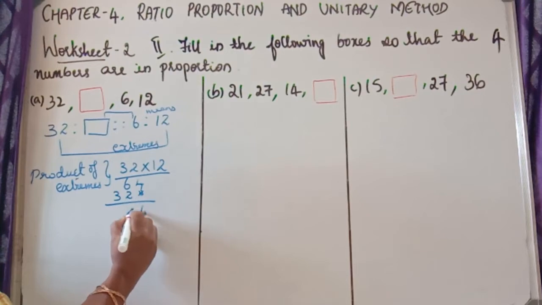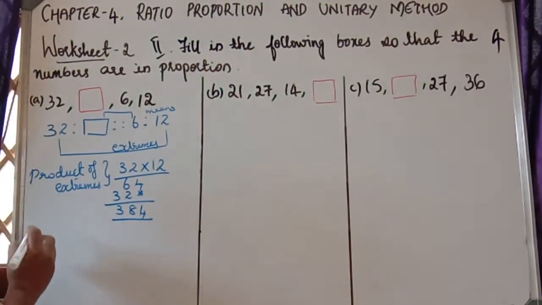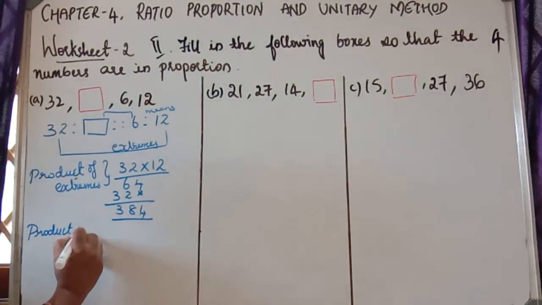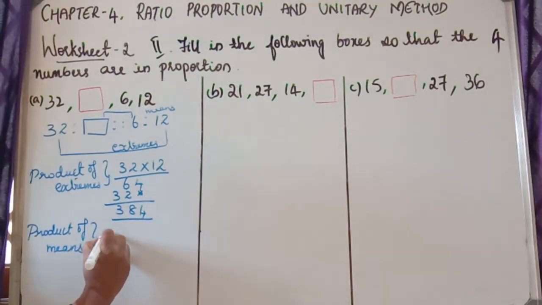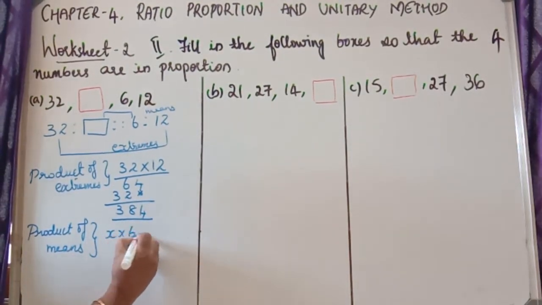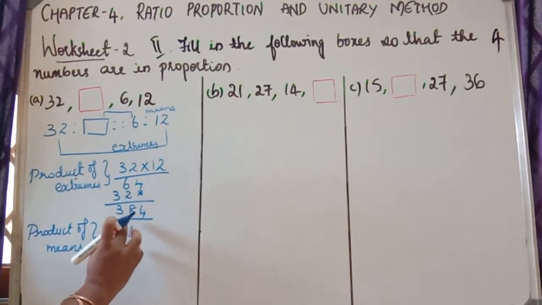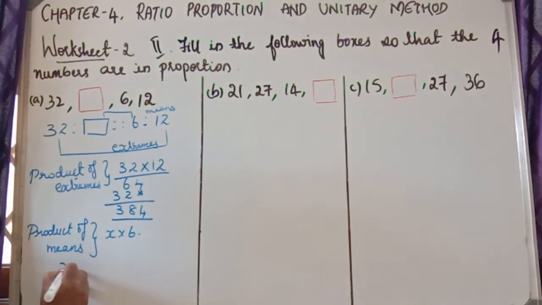Now 4 8 3, 384. In product of means we got only one term. Product of means we got x into 6. Now we have to divide this 384 by 6. We can get the other term x.